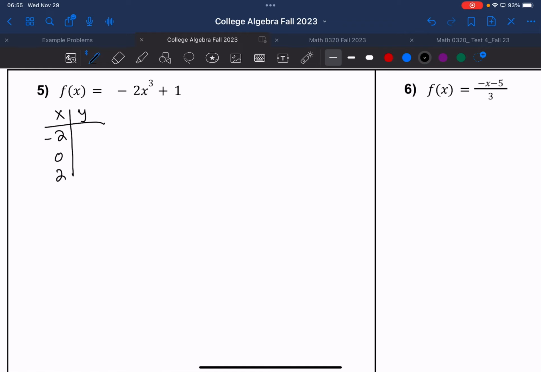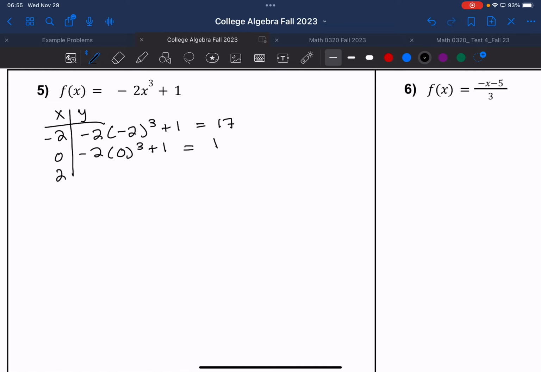So plugging in negative 2, I have negative 2 times negative 2 cubed plus 1. Again, this whole thing can be typed into your calculator. Just don't forget those parentheses. And that gives me 17. Then I'm plugging in 0. Negative 2 times 0 cubed plus 1, which gives me 1.